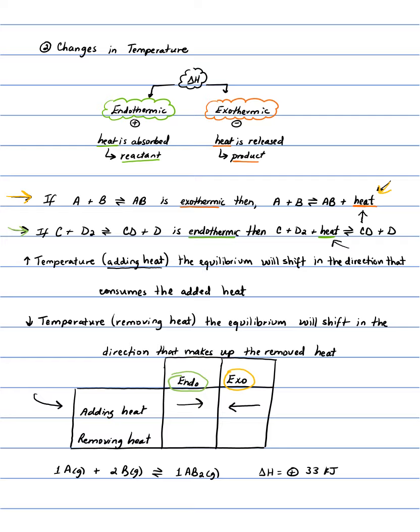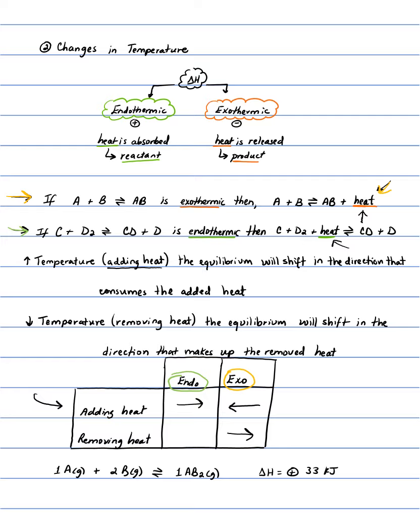If we're taking away heat from an exothermic reaction, we're taking away heat from the product side. So the equilibrium will be shifted towards the product to make up more of that heat that we're taking away.